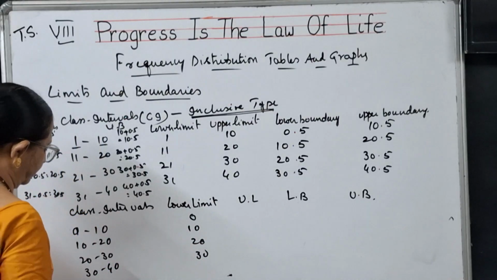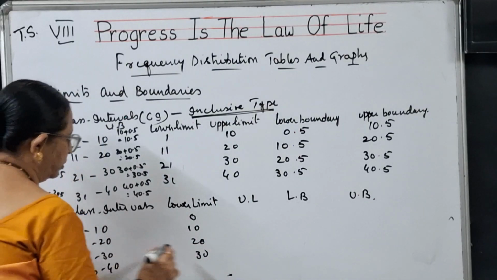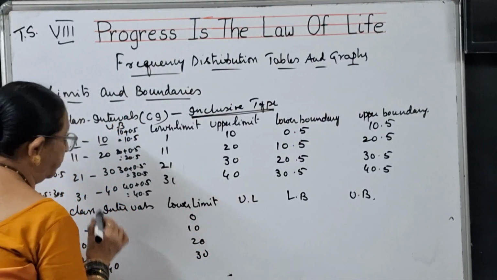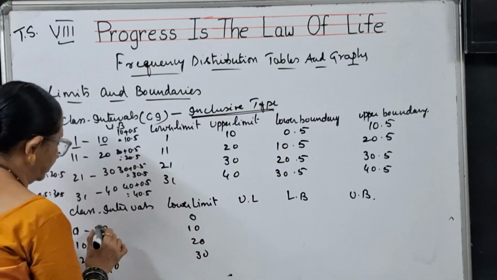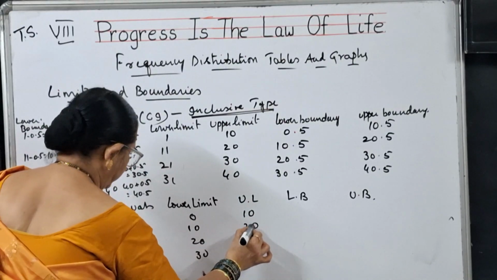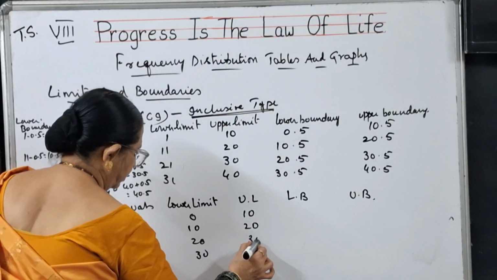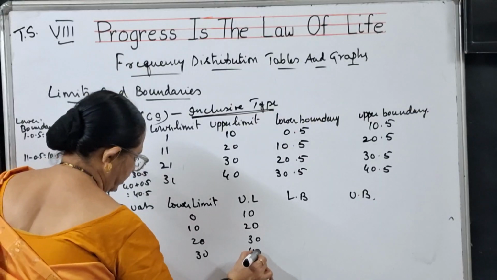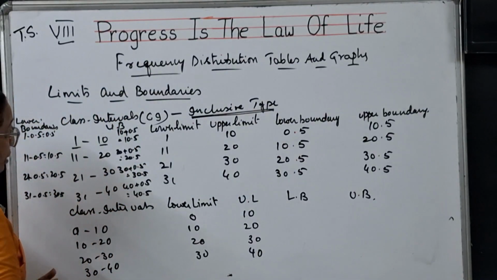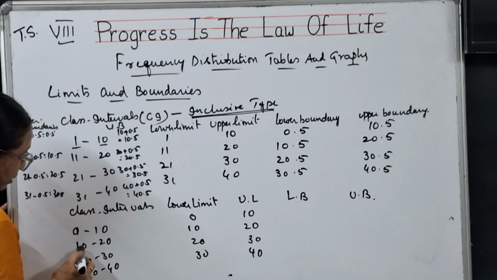Upper limits are 10, 20, 30, 40. And lower boundaries? Say, children, here these two are the same.